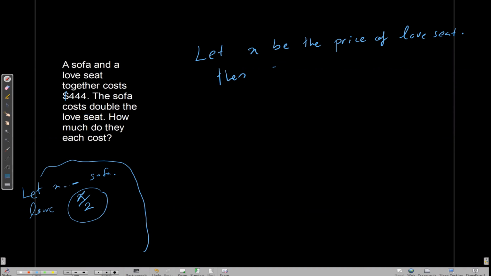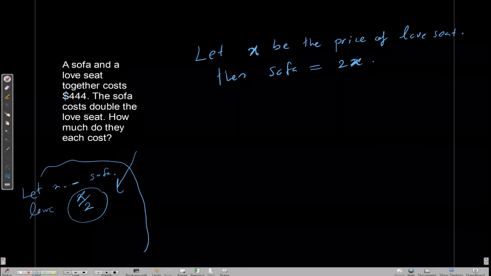Then sofa is 2x. Yes, you can do it like that and we will get the same answer. But these are some things that you need to do. After doing many examples, these are educational tips. You will understand to choose your variable carefully.